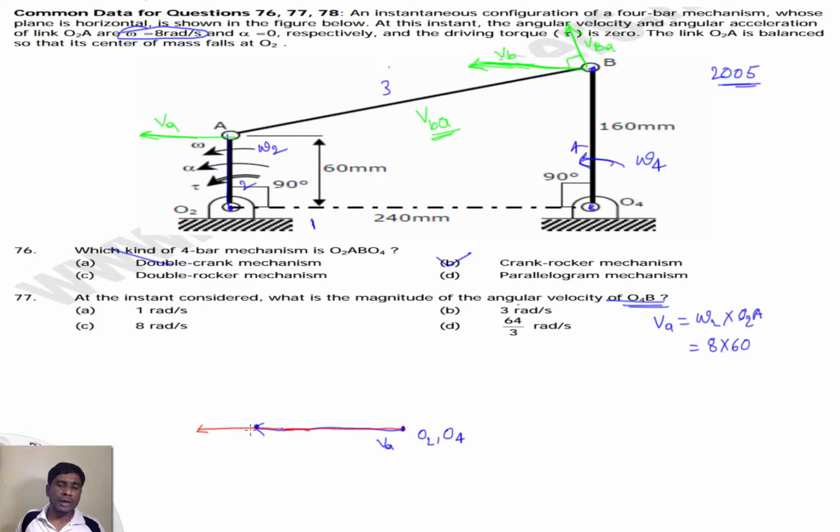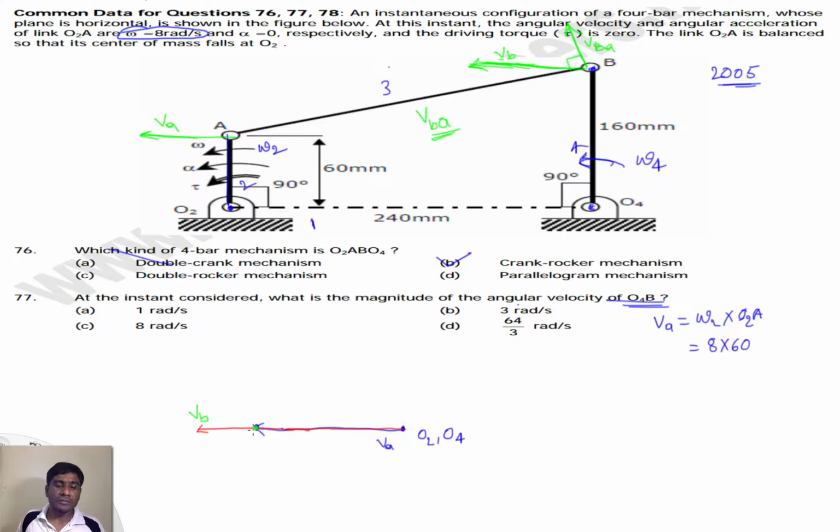I know the end point of the velocity vector A, and from that one you draw a line perpendicular to the link AB, or draw a line parallel to the velocity vector VBA, so that it touches the velocity vector VB. This is the VB.